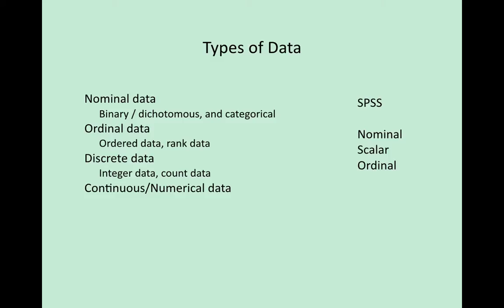Okay, so we have nominal, continuous or numerical, we have ordinal, and we have numerical discrete data, where we're talking about a small integer. Now, SPSS really only deals with 3 versions of that data: nominal, ordinal, and anything else it calls scalar, or it refers to numerical data as scalar data, as you'll see when we're working with it.